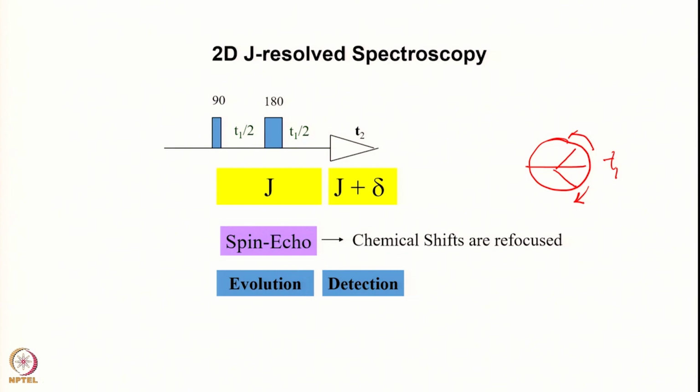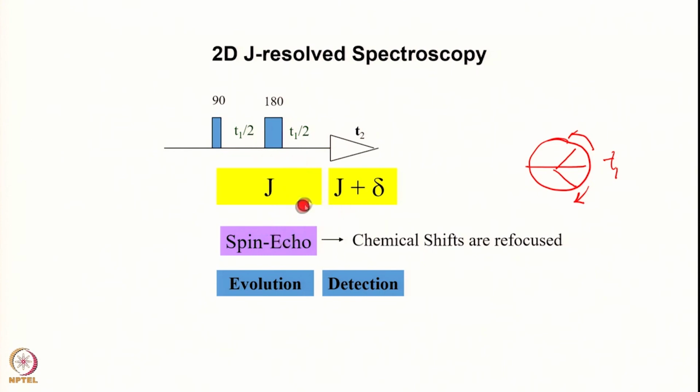They are in the center. This happens for every spin, because the chemical shift information is removed, it is at 0 frequency, chemical shift does not have information at all. So, only the J values are present during this period. That is the effect of the spin echo.